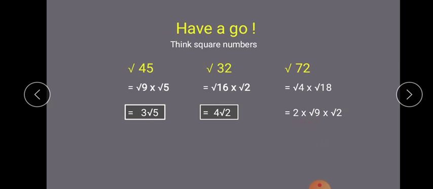So 2 into 3 into root 2. So if we multiply 2 into 3, we will get 6 root 2. Or we can say like that, 72 we can write as 36 into 2. Now 36 is a perfect square of which number? Of 6. So directly we can write 6 root 2.